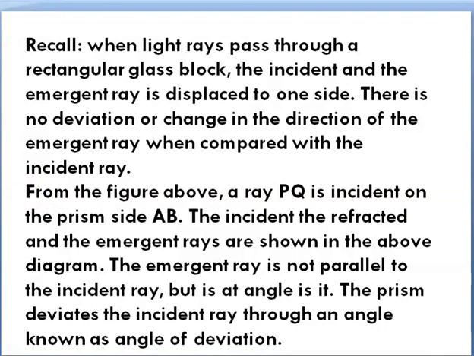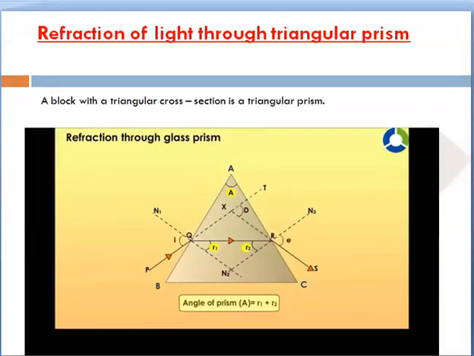Now from the above diagram, a ray PQ is incident on the prism side AB. The incident, the refracted and the emergent rays are shown in the diagram. Let's look at this diagram again. You have triangle ABC, which is your equilateral triangle.